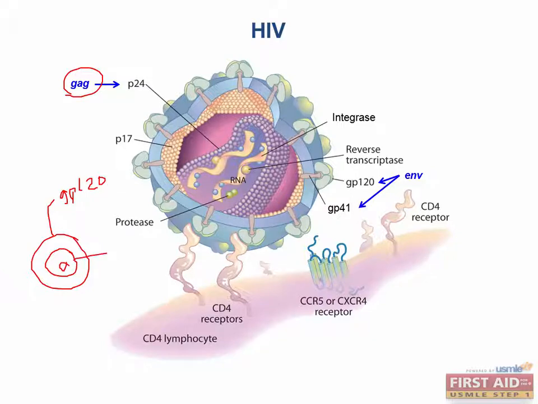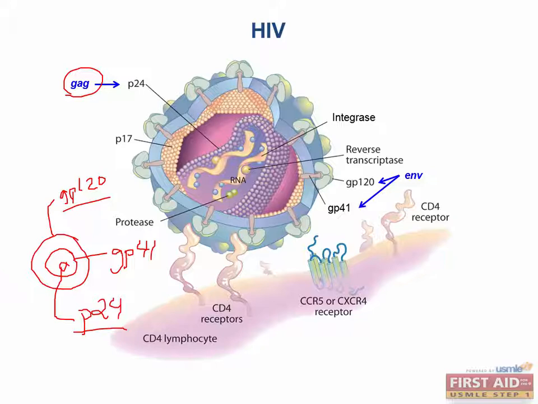Right inside of that GP120 is glycoprotein 41, the second largest number of the proteins, and this protein is responsible for fusion and entry of the virus after it has become attached with GP120. The least and middlemost protein is P24, and this protein is used for diagnosis of the virus.